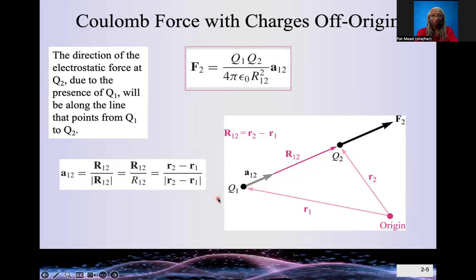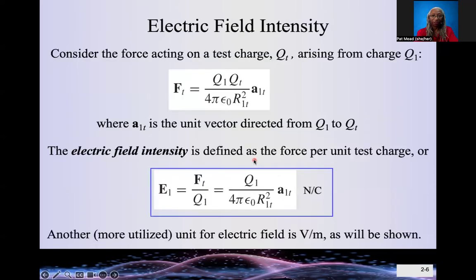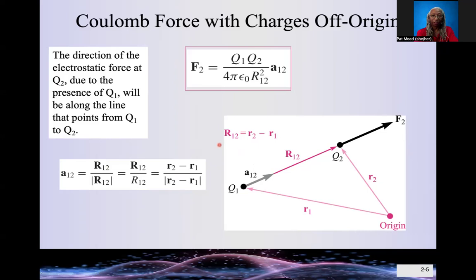R12, a vector from Q1 to Q2, is the same thing as R2, a vector from the origin to the point where Q2 is located, minus R1, a vector from the origin to the point where Q1 is located. So R2 minus R1 is R12, and then the magnitude of R12 goes into the denominator. You probably remember how to do R2 minus R1 based on your first couple of assignments. At least I hope you do, right?